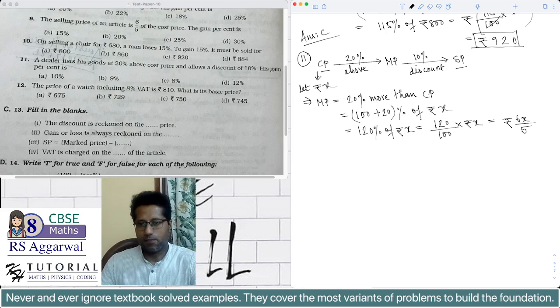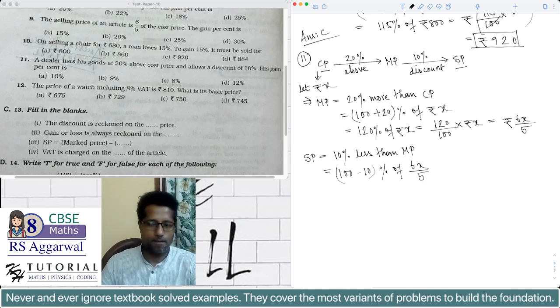Now again on the mark price there is a 10% discount. So we can say that the final selling price is 10% less than the mark price. This is 10% less means 100 minus 10% of the mark price we have already found to be 6x by 5.